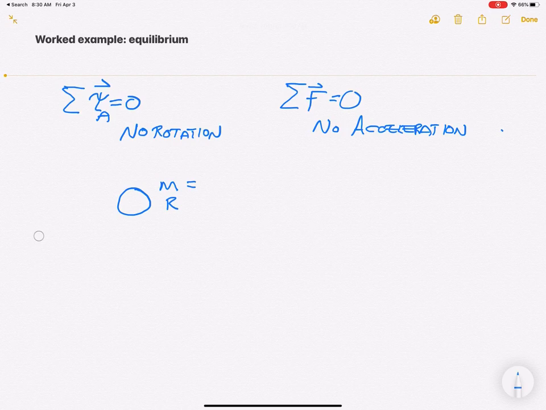How about 0.4 kilograms? Make it a big enough radius. Let's say, don't want to go 2, let's go 5 meters.